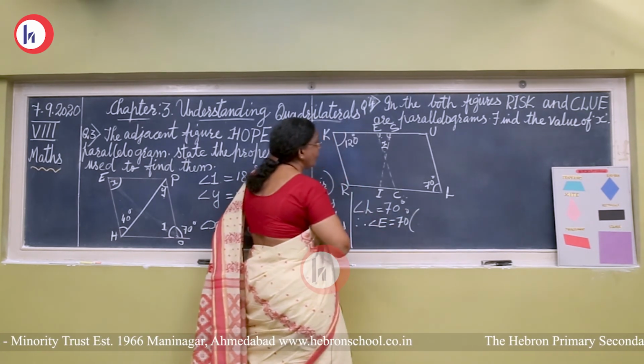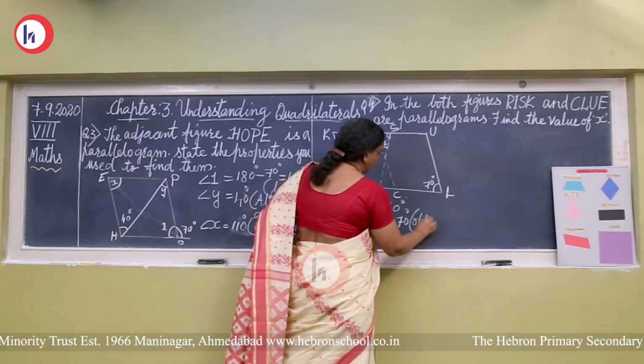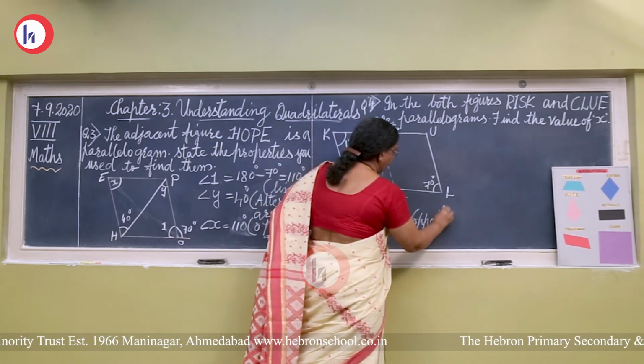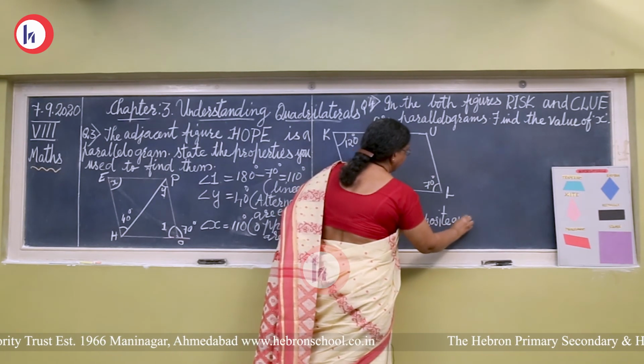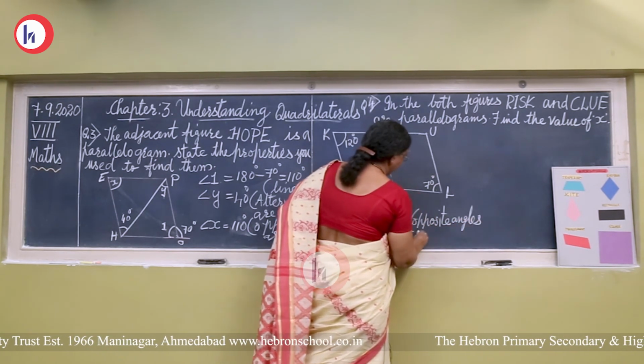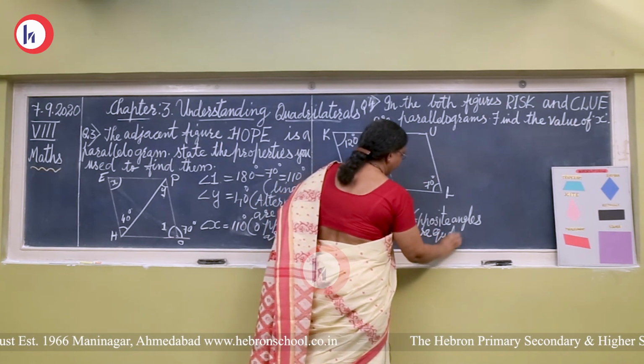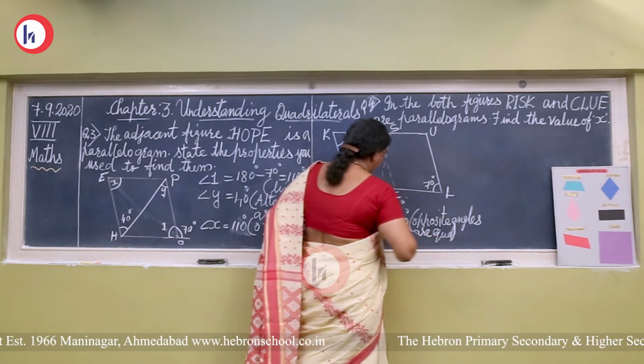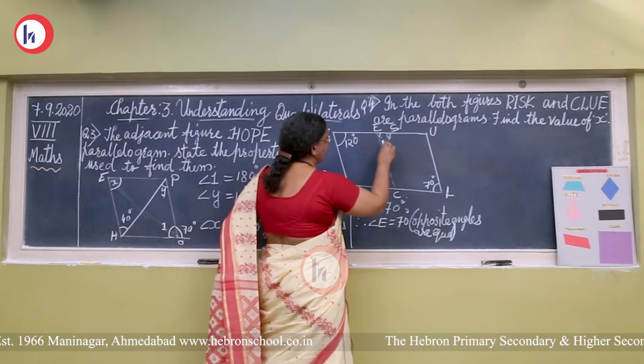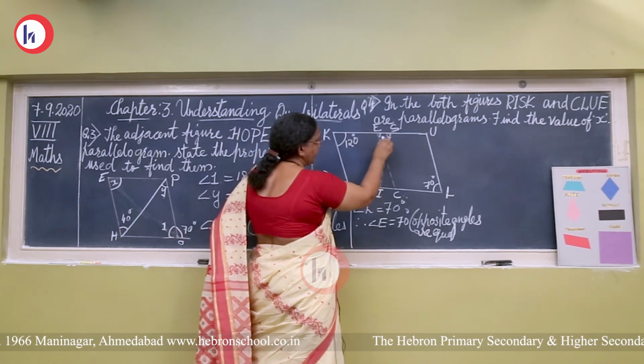The property we write: opposite angles of a parallelogram are always equal. So we got that E is 70 degree.